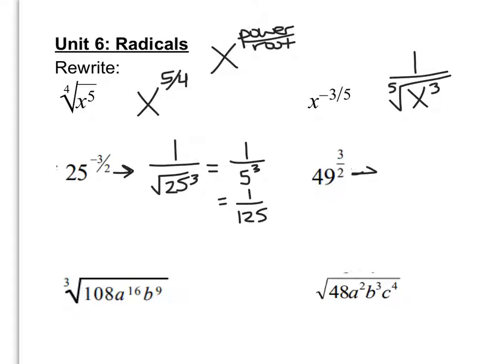Change 49 to the 3/2 to a radical form. Square root of 49 cubed. The square root of 49 is 7, and 7 cubed is 343.